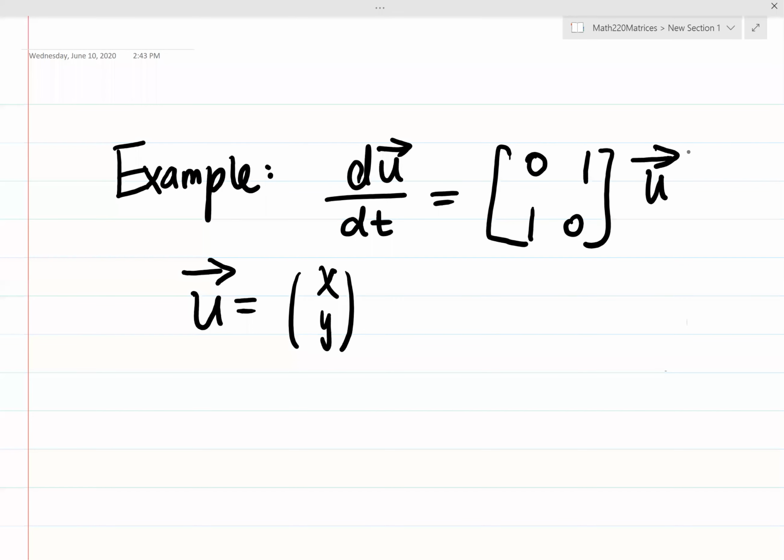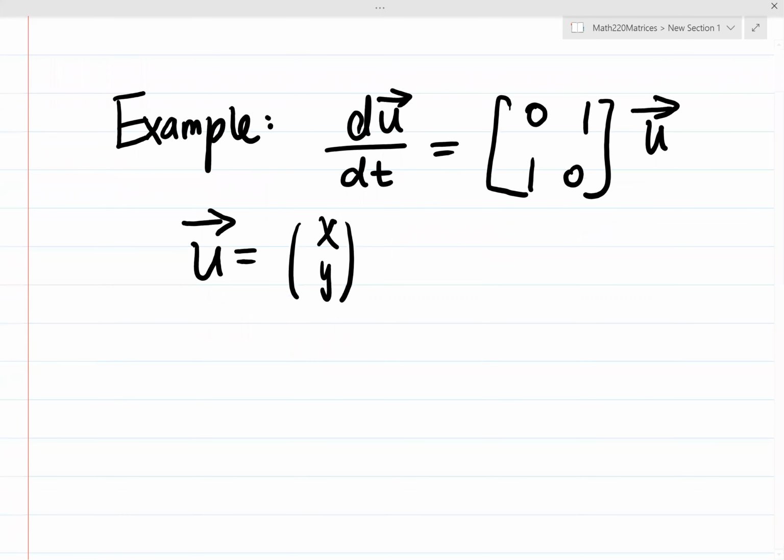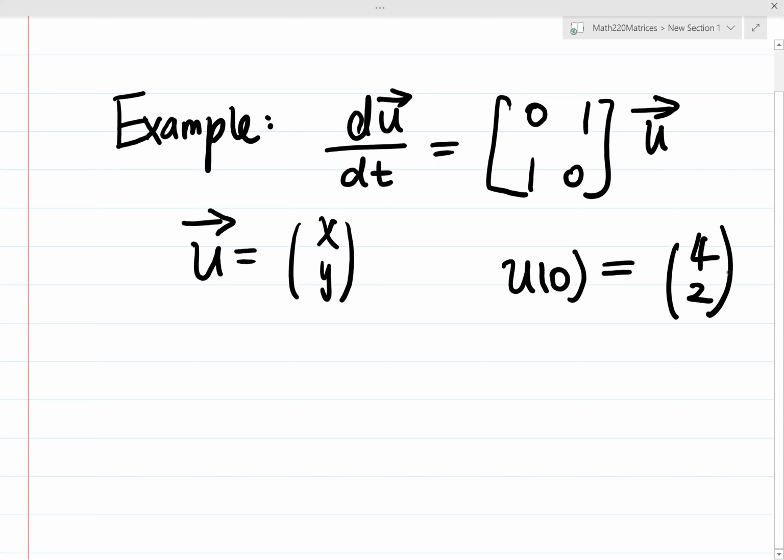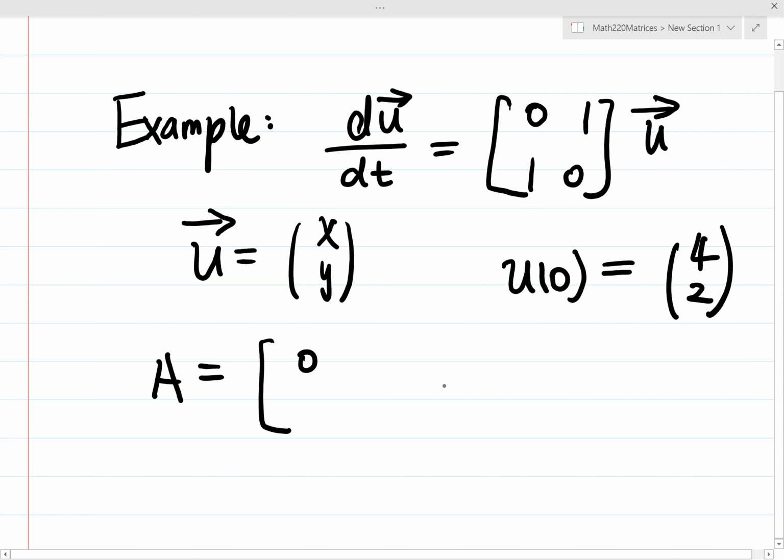If you write this explicitly, let's see, u0 is 4 2. Now the eigenvectors of this matrix A: v1 is 1 1, and v2 is 1 negative 1.